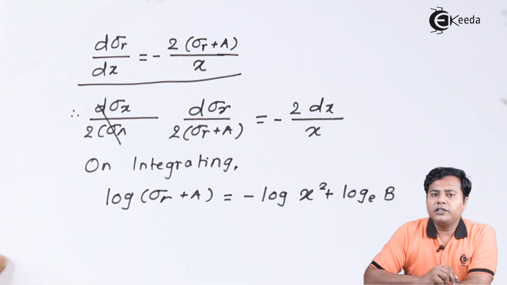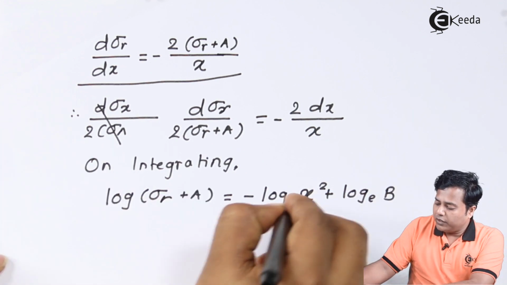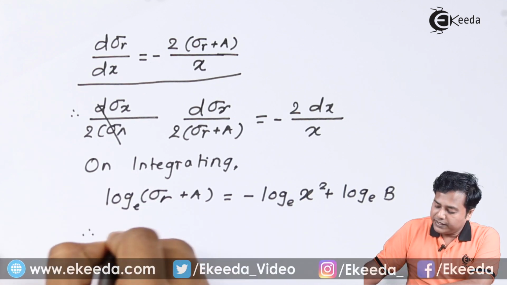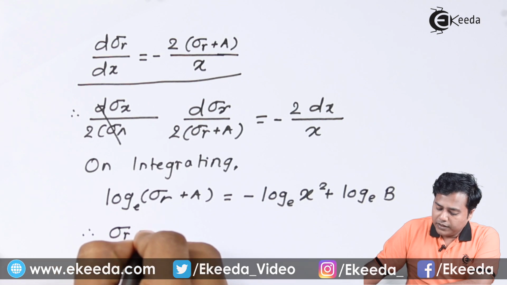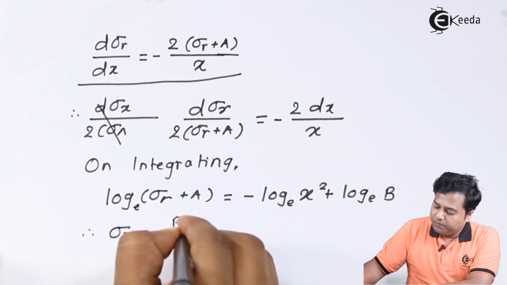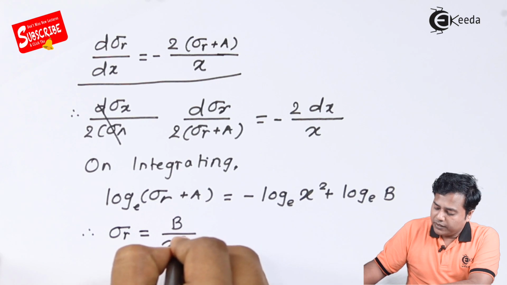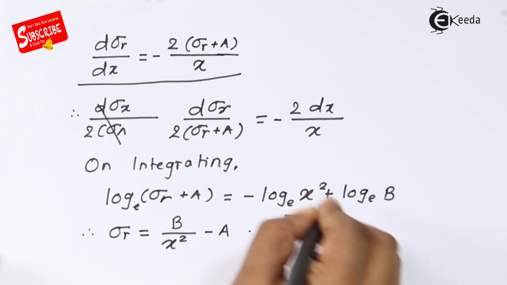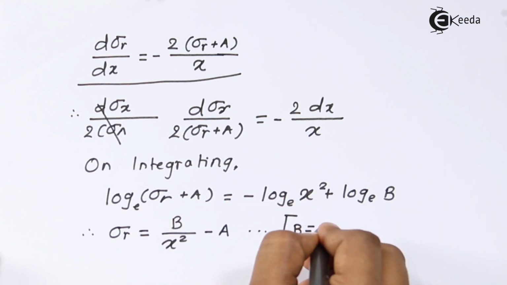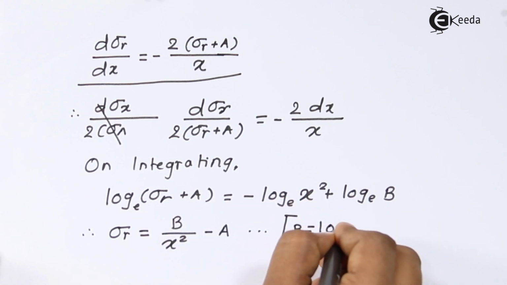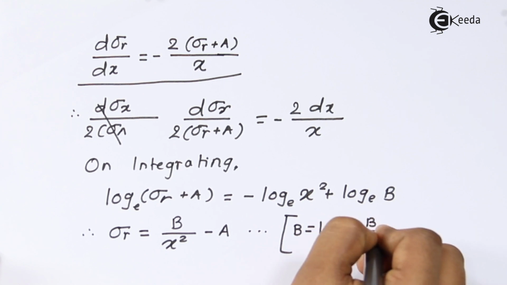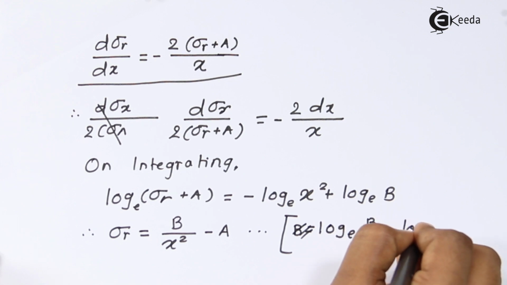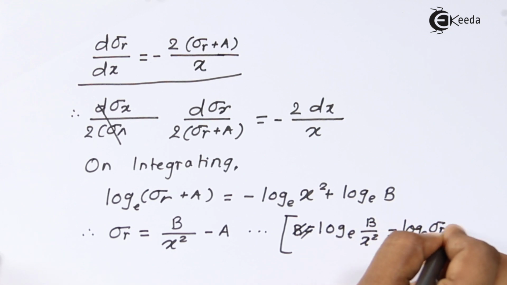Now after rearranging the logarithm, all of them to the base e, we will get the final expression that says sigma r is equal to a factor b divided by x square minus a, where the factor b can be found from log to the base e of b upon x square, which is the log to the base e of sigma r plus a.